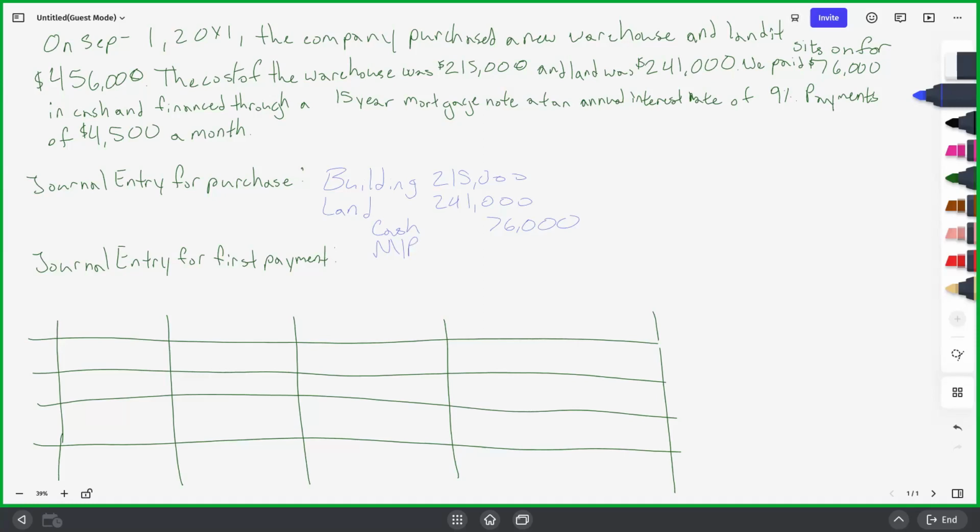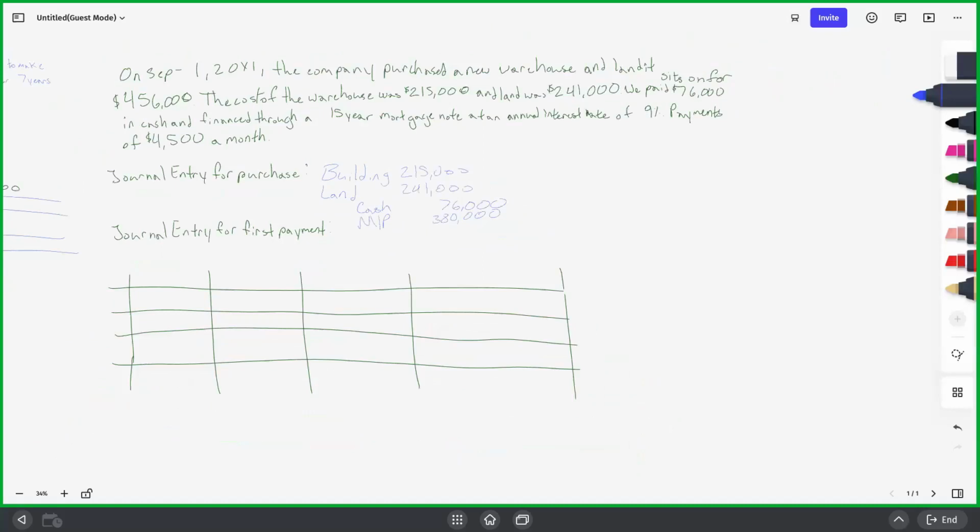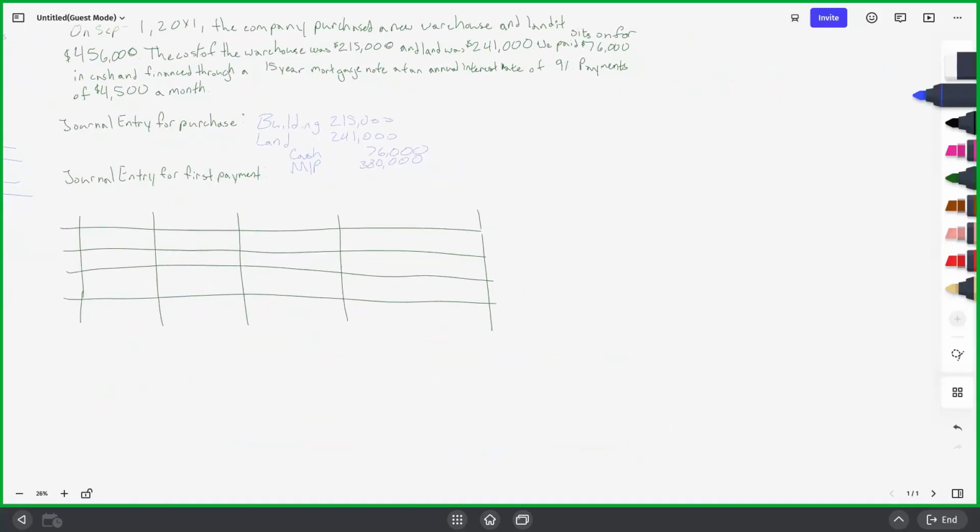Now, we're not going to go into the first payment like last time. We're first going to work on our amortization chart. There's not too much difference here, and we're just going to do payments 1, 2, 3, 4. What was the last one besides cash? Mortgage payable. That's going to be a credit, because that's your liability.